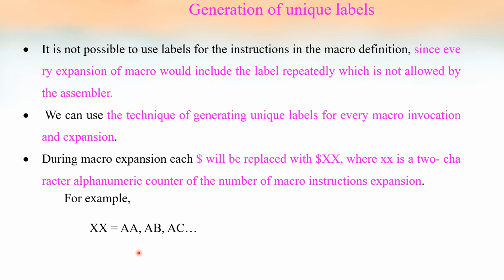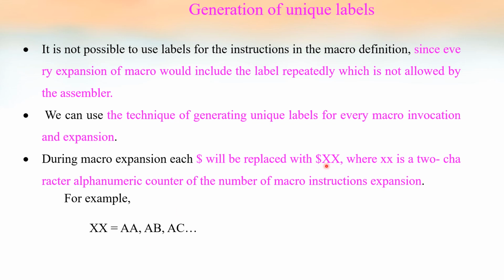The second time this macro is called and expanded, the label loop comes there again. So the label name gets repeated, and the same label has different addresses. There should be some method to generate unique labels. For that purpose, we can attach a counter with the label. For example, loop 1, and the next time the macro is called, loop 2. That means we can create unique labels.